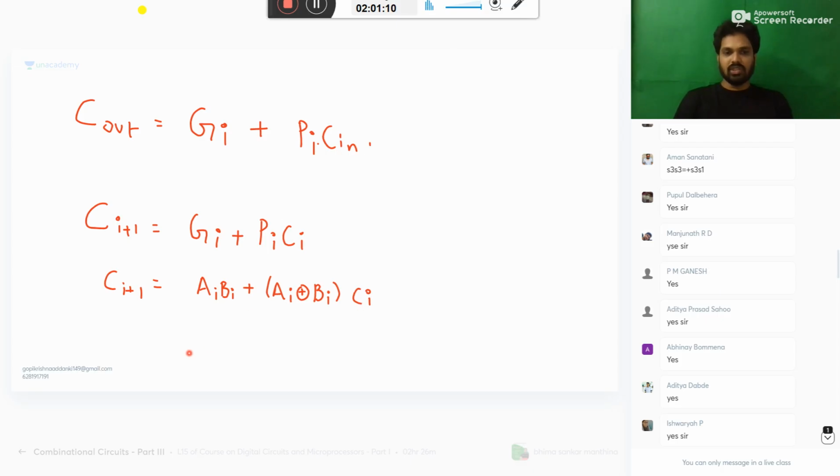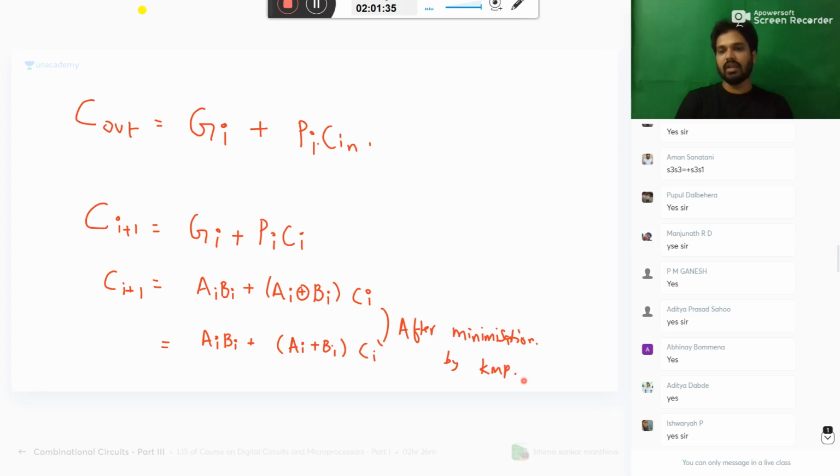And if you solve this equation by K-map, you can also say it is equal to AB plus BC plus AC. That can be written as AB plus A plus B into C. After minimization by K-map, you can say this will convert into this.